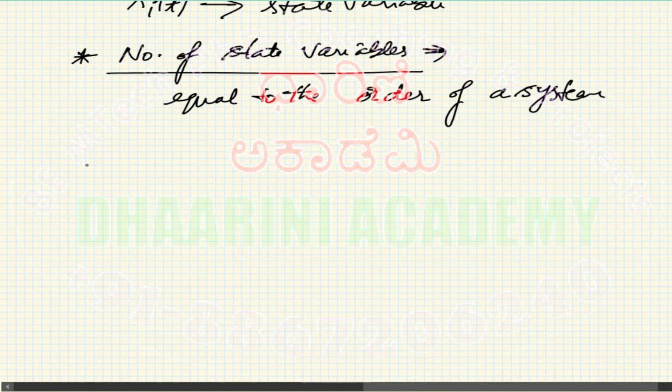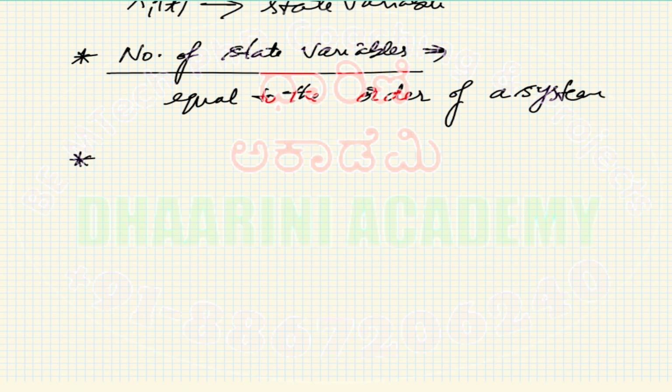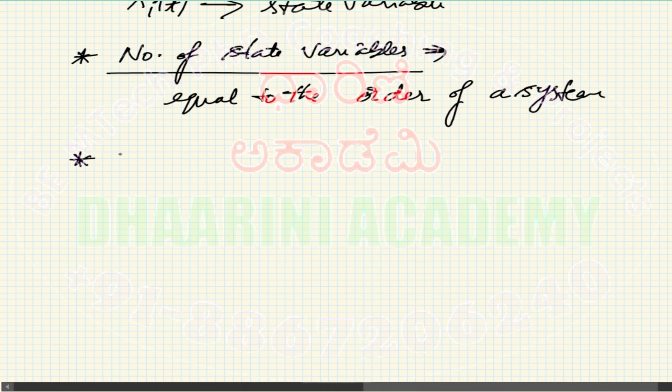Again, there is one more point here. Out of the state variables you choose, some of them are called independent, so the values are independent of other state variables. This is the next point to remember.